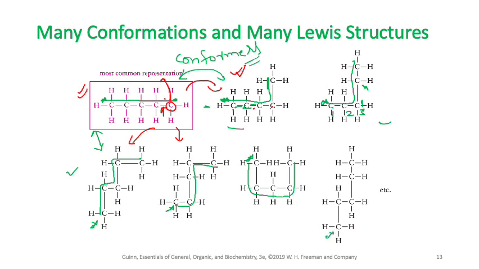Let's start with the corner carbon: 1, 2, 3, 4, 5. Again, same molecule but a different shape, conformers. So all these 6 structures you're seeing here are the same molecule but with a different shape because of the rotation of the single bond between the carbons. So this is how you can verify whether the molecules are conformers or not, right?